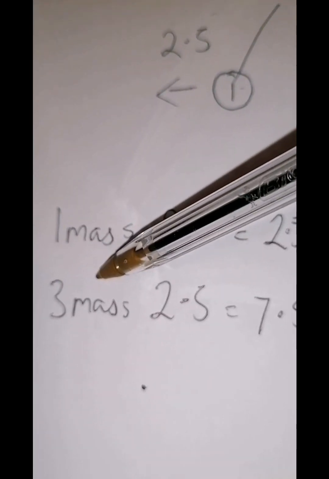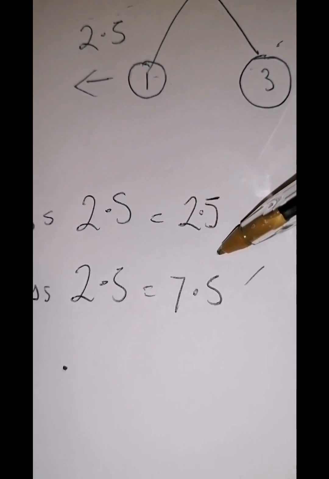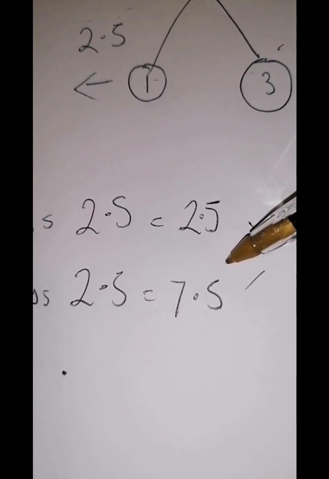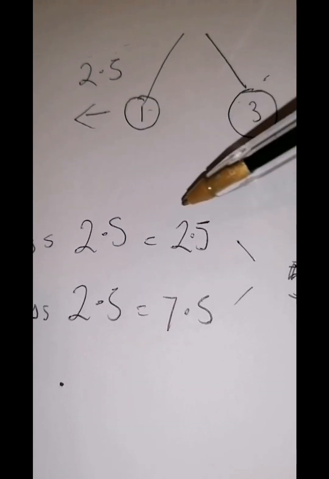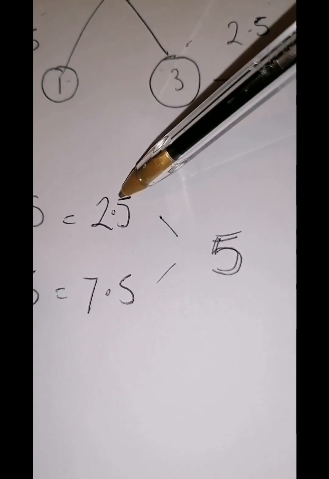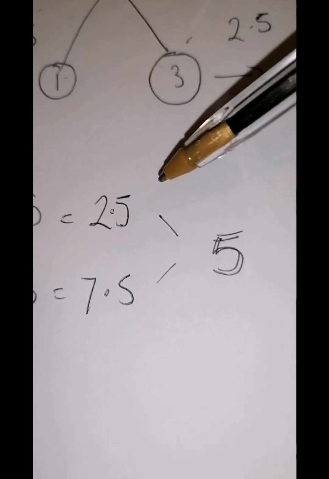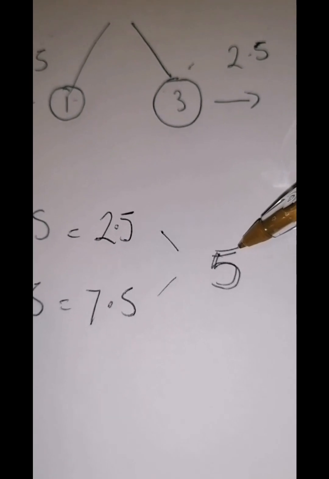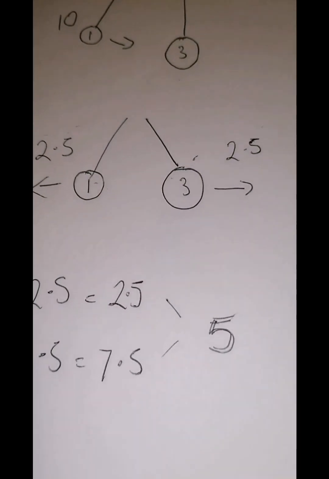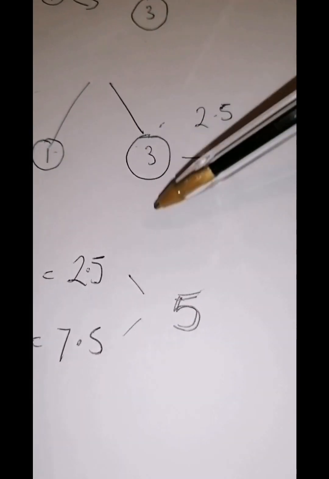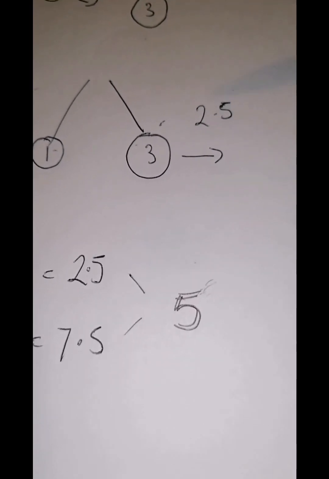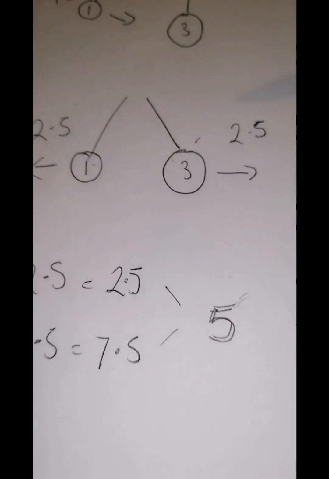We've got the three mass going at 2.5, so that's a momentum of 7.5. Obviously, you subtract this one from this one to conserve the momentum, and we end up with 5. Now, we initially started with 10, so you've lost half of the momentum in your model.